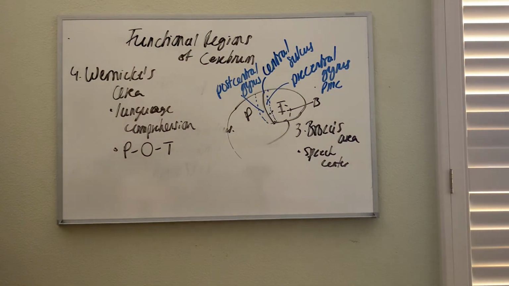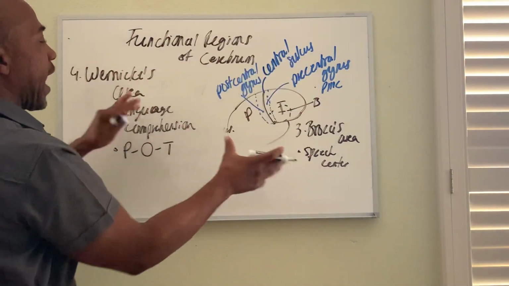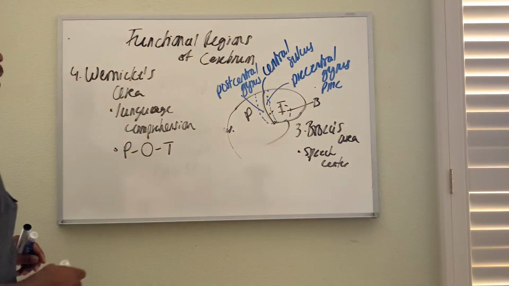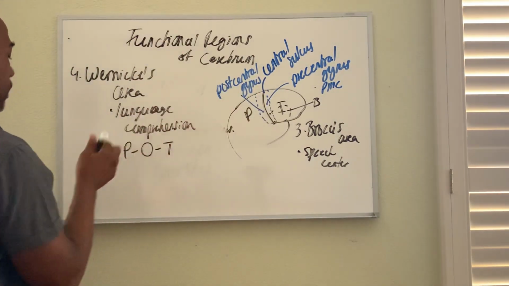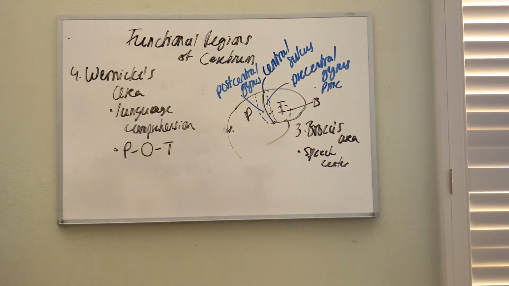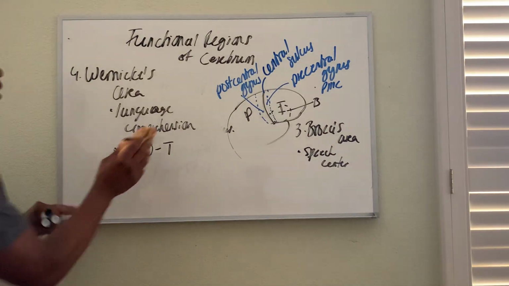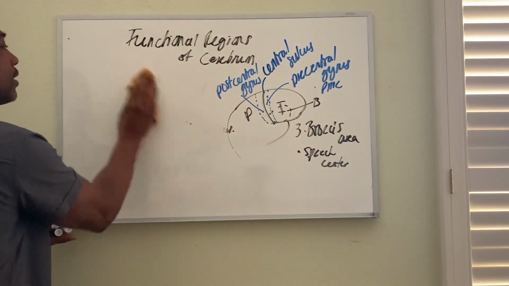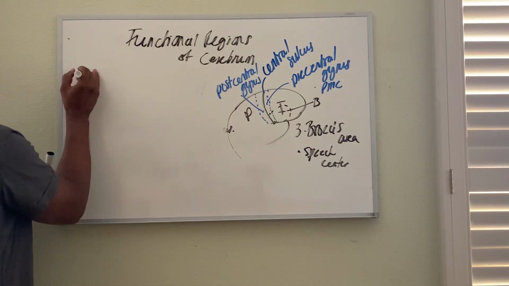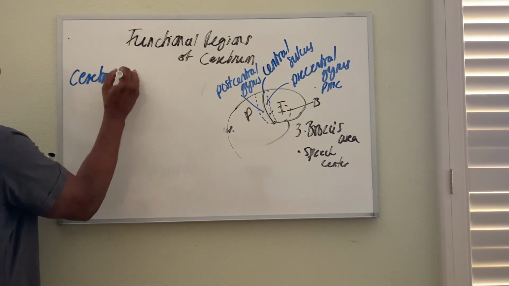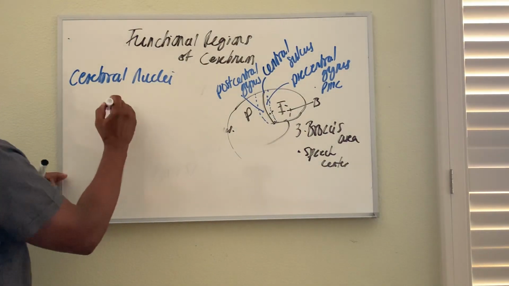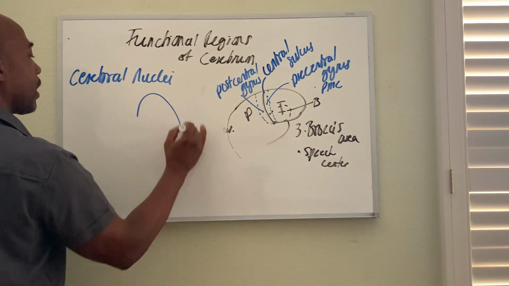All right, so those are the areas that you find in the cerebrum, in those outer cortical regions. If you go deeper into the cerebral nuclei, you also have those clusters of cells, those gray matter areas inside the brain. Remember we did this before.